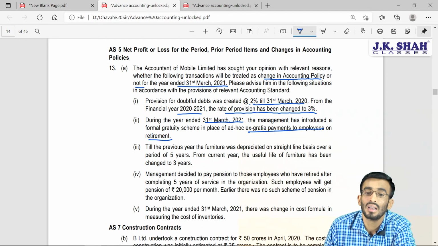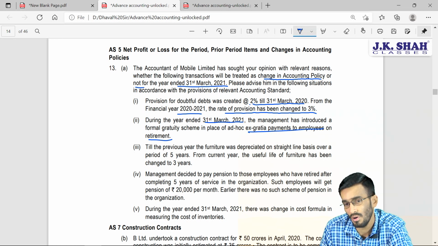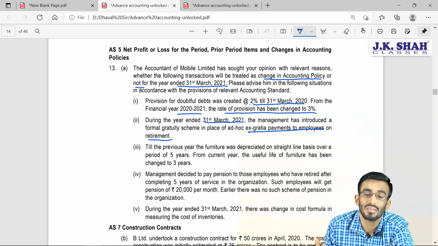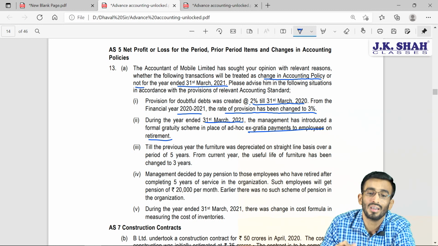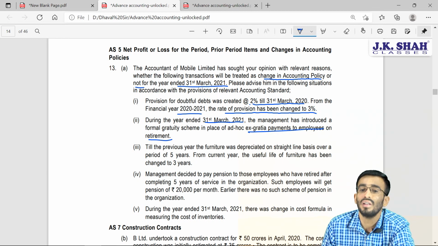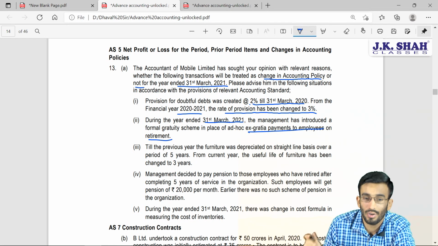Now if we are going for a gratuity scheme, then we have to create an accounting policy for making provision for the gratuity amount which we will be paying to our employees on retirement. Earlier there was no such transaction with respect to gratuity, no provisions were created. So now the transaction which we are going to enter into is altogether a new transaction. So definitely we will need a new accounting policy. So this cannot be considered as change in accounting policy.